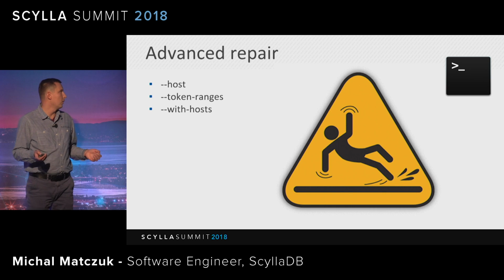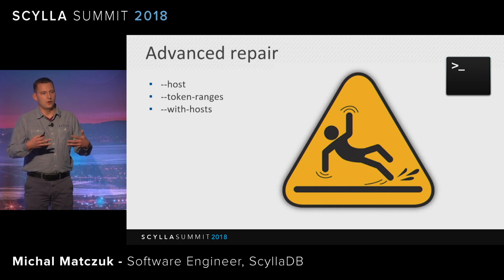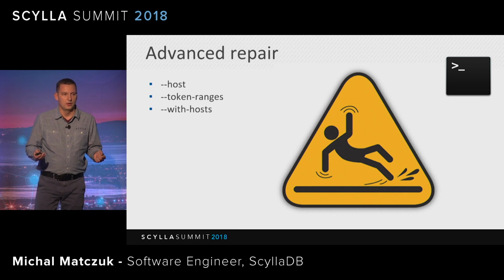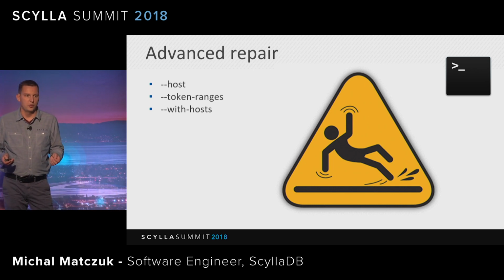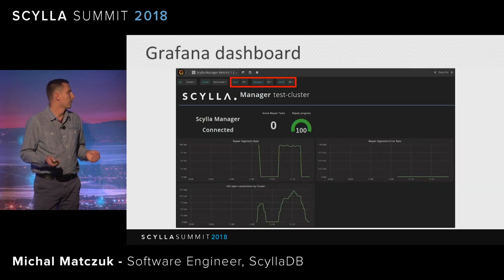So if you specify all the three flags, you're going to repair the intersection of tokens that are contained by all the hosts. This may be handy in certain situations where a node broke, but please use that with caution. It's not the default thing you want to experiment with.